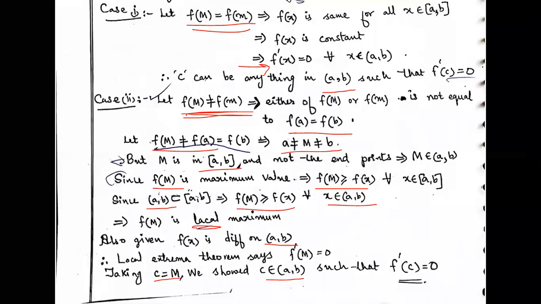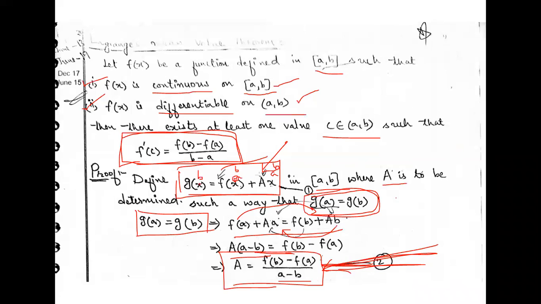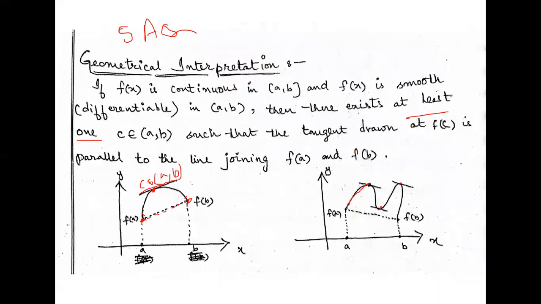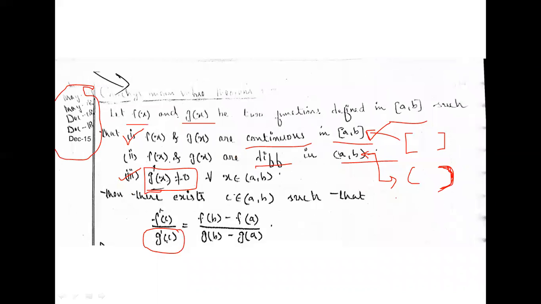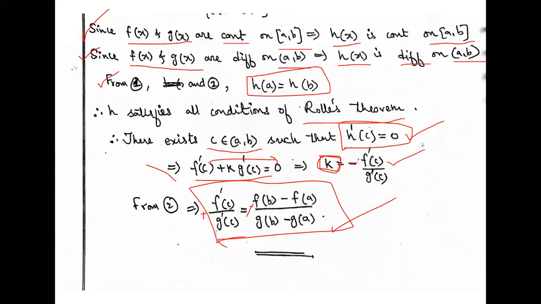Now Euler's theorem, its geometrical representation. Lagrange's theorem, its geometrical representation. Cauchy's mean value theorem, and then you have to practice this. They all are interrelated. Don't get confused, because practice makes you perfect.